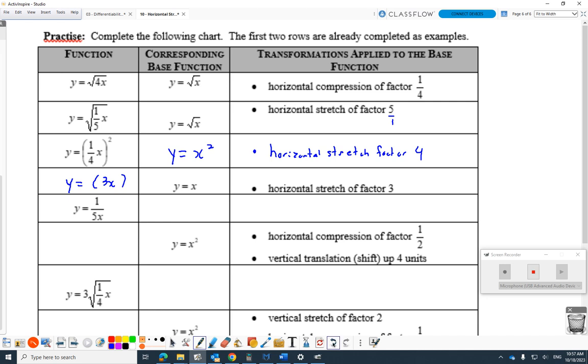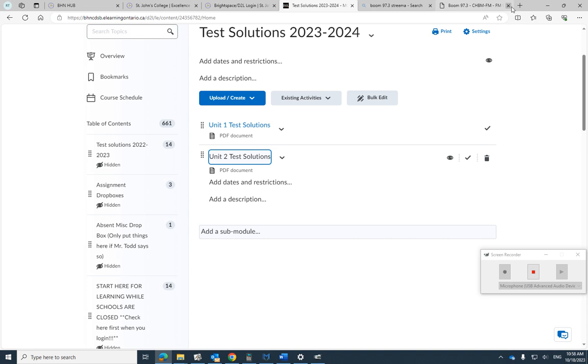Horizontal stretch factor 3 should be, but that's scary. You're like, what? That doesn't look any different than a vertical. How am I supposed to know if it's horizontal or vertical? Well, maybe we need a little help from Desmos to understand how easy and hard lines are at the same time.